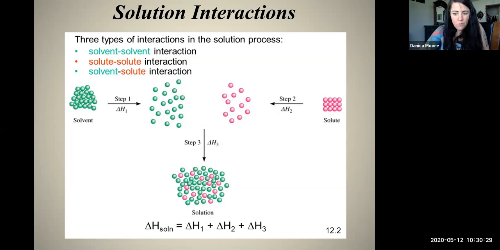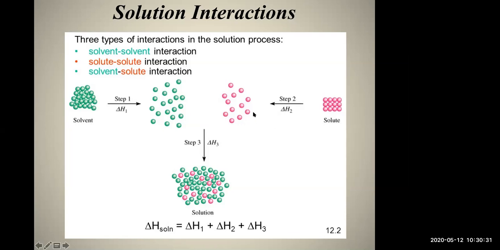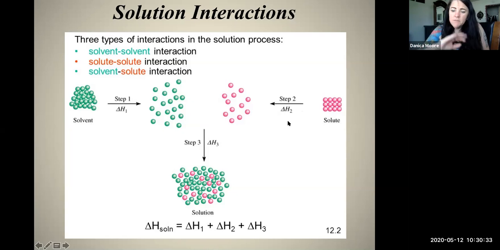Yes. Cool. And then again, if the solute, and this is just hypothetical, was an ionic solid, then this would be the energy required to break up that lattice. So which one of these is a bigger delta H?